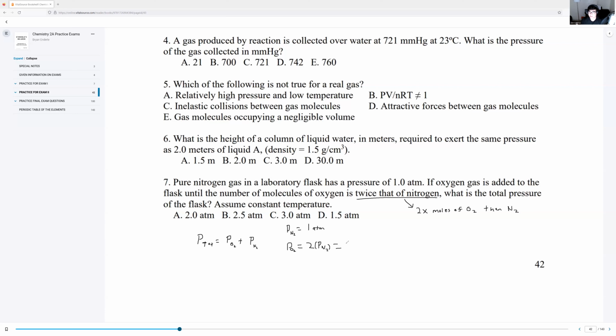You're assuming a constant temperature and volume, volume because it's a flask, temperature because there's no heating. This is 2 times 1, which is 2 atm. Then when you add these two up, you get 1 plus 2, which is 3 atm for the total. So number 7, you're using your partial pressures and essentially comparing the moles of each of these.